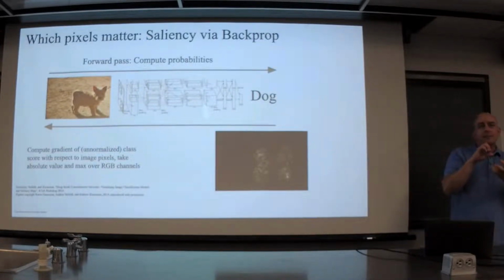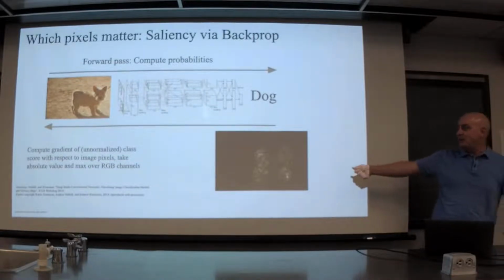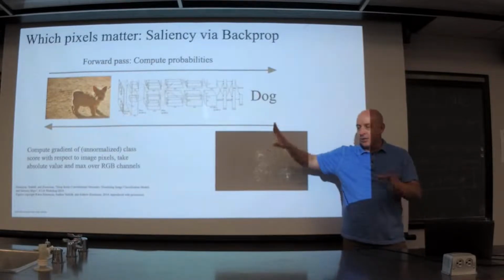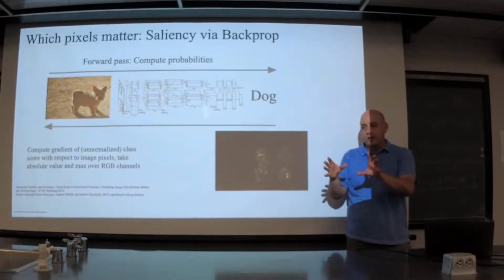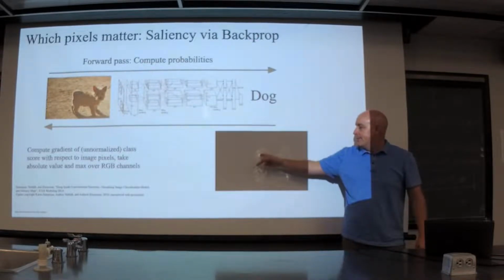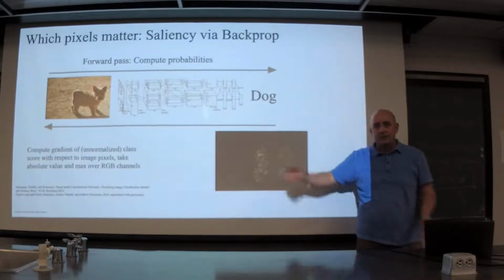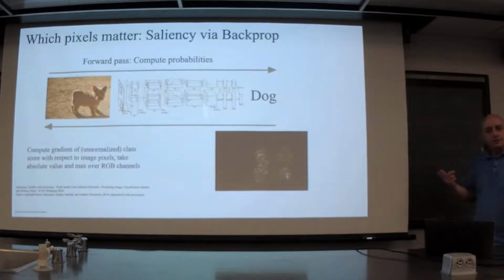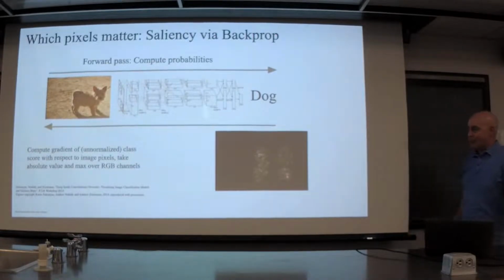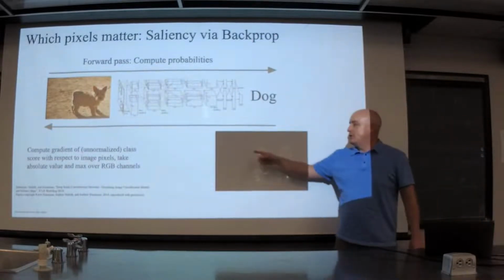It's that if we make a change to this pixel in the particular direction, although for the visualization we ignore the direction, we're just seeing that this was large. If we make a change there, then we're going to see a large change in the score, or larger at least relative to the rest of the pixels. Well, yes, we are going to get a better score if we change it in the right direction.